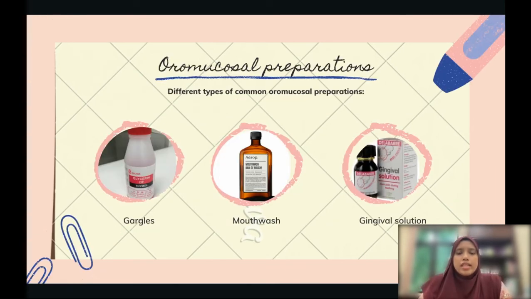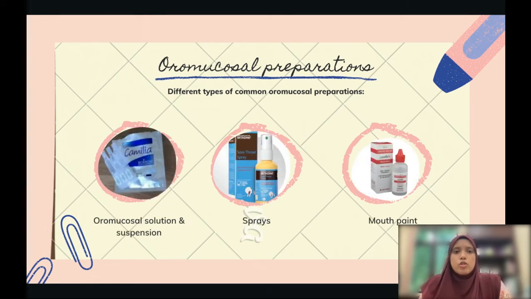For the purpose of this lecture, we will go through gargles, mouthwash, gingival solution, oromucosal solution and suspension, some sprays, and also mouth paint. These 6 preparations are the commonly available ones that you will come across, especially as a pharmacist.